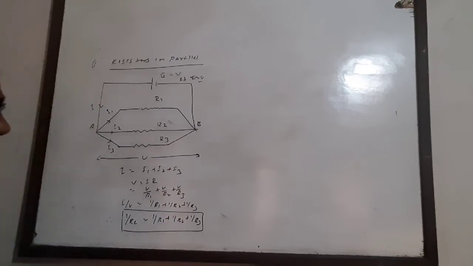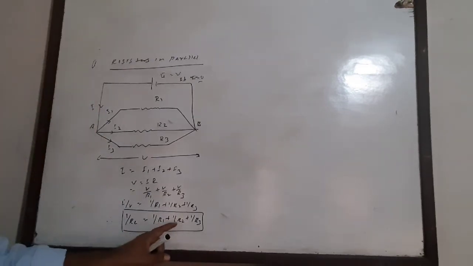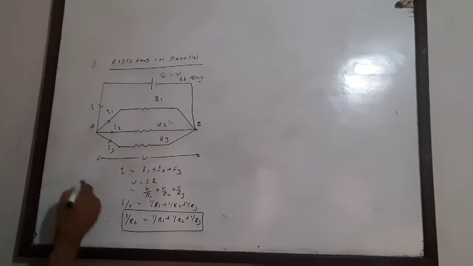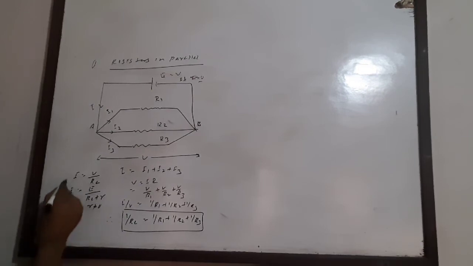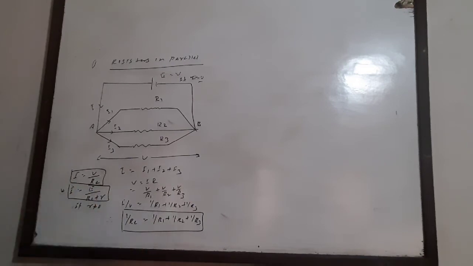So 1 by Re equal to 1 by R1 plus 1 by R2 plus 1 by R3, and the total current I is equal to V by R equivalent, I equal to E by equivalent plus internal if r is not equal to 0. So these are the situations when the resistors are in parallel.